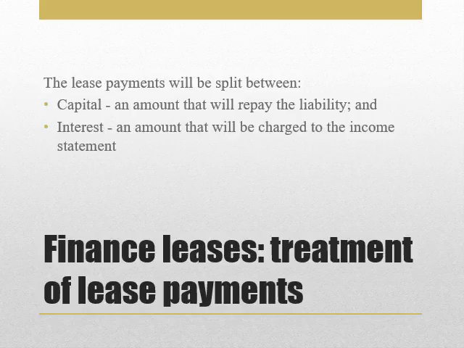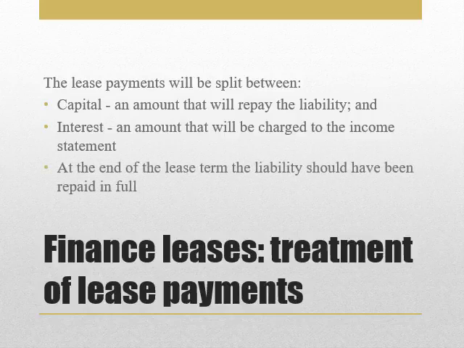So the capital element will be set against the liability, and the interest element will be charged to the income statement or the statement of profit and loss, and it'll be recorded in the finance costs section of that statement of profit and loss. Now, at the end of the lease term, the liability should have been repaid in full, so we will calculate our split of capital and interest to ensure that that happens.